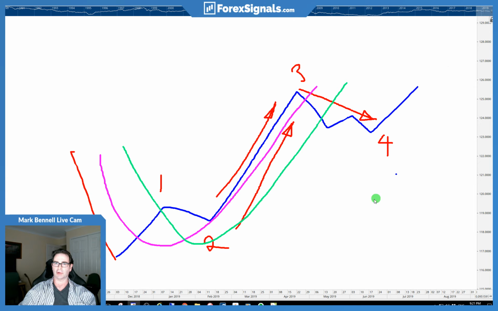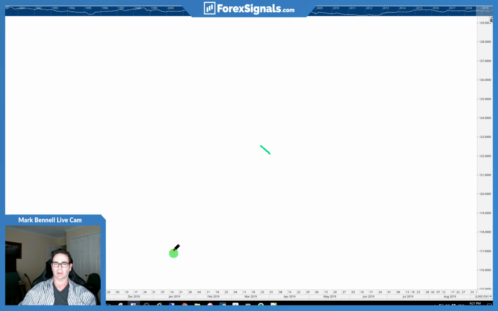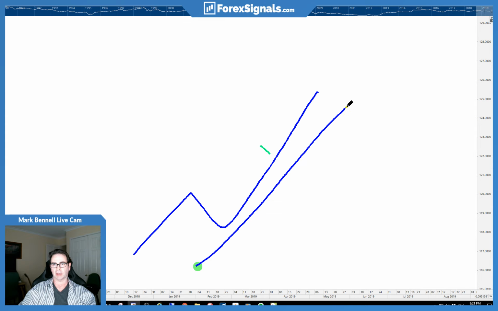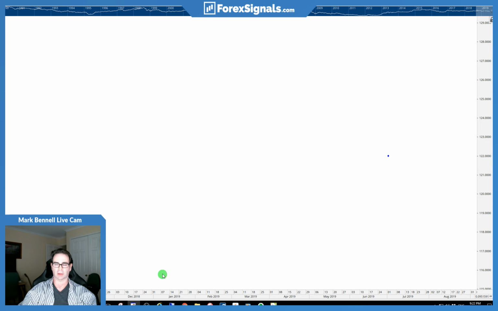So the strength of the trend, how far away? So one easy way is how far away from your key moving average is it? That's one.